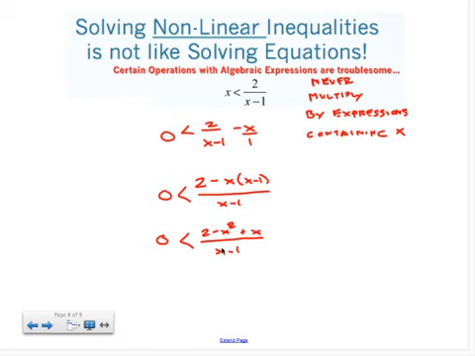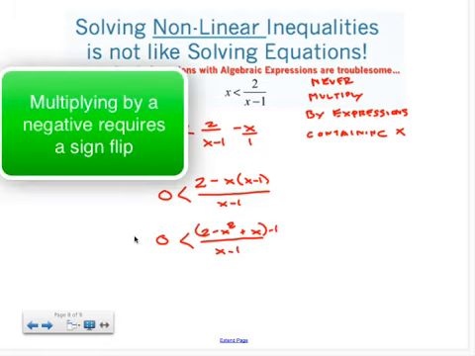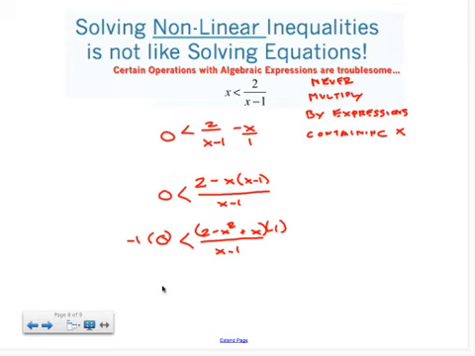So let's multiply everything in the numerator by negative 1 and also this side by negative 1. Recall what that means I need to do to the inequality sign. I need to flip it. So I still have a 0 here, but now I have 0 is bigger than x squared minus x minus 2 over x minus 1. Okay, I now have one big messy fraction.